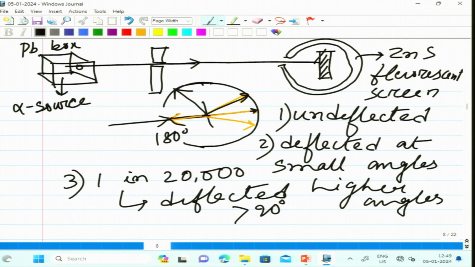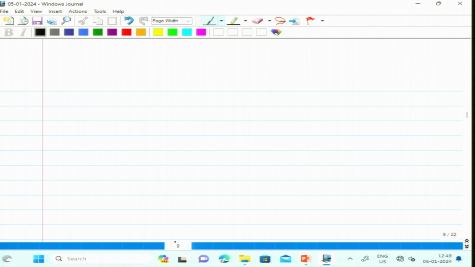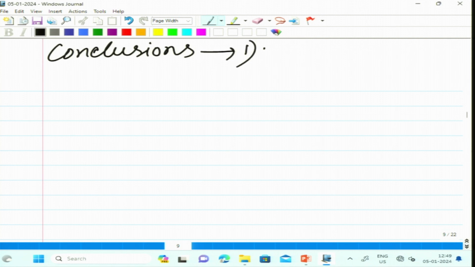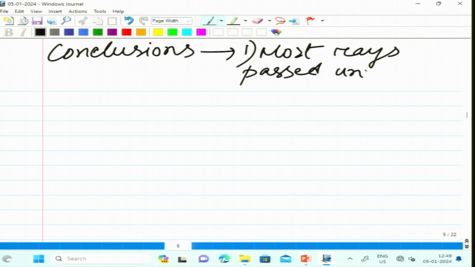So, what were the reasons? There were some conclusions in the Rutherford experiment. What were the conclusions? The first conclusion was that most rays passed undeflected.